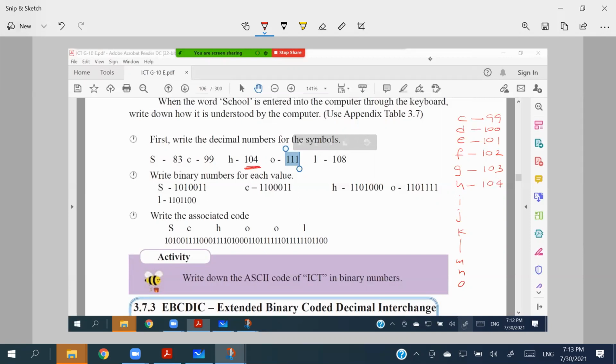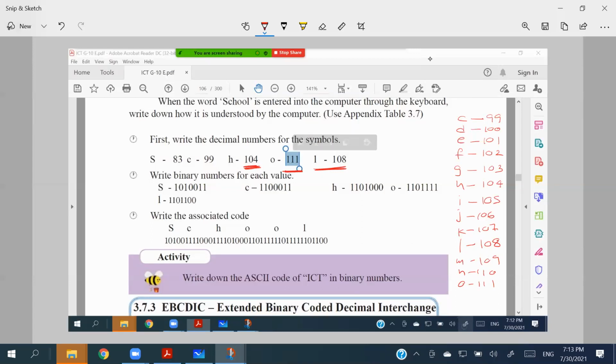That is how 104 is taken, right? Then it continues 105, 106, 107, and L is 108. That is how 108 is taken, and 109, 110, and 111. O is 111. That is how O is taken, right?